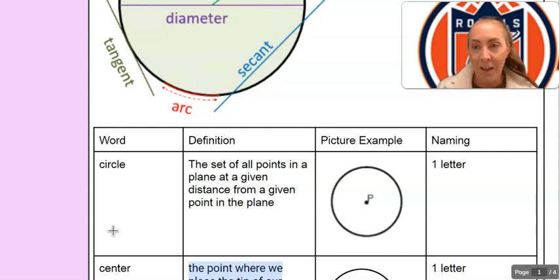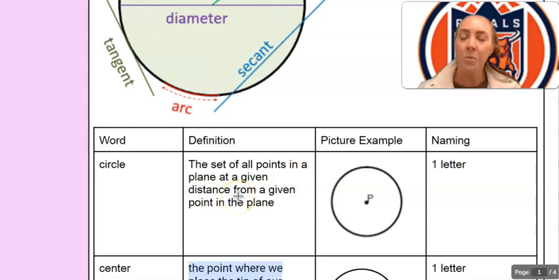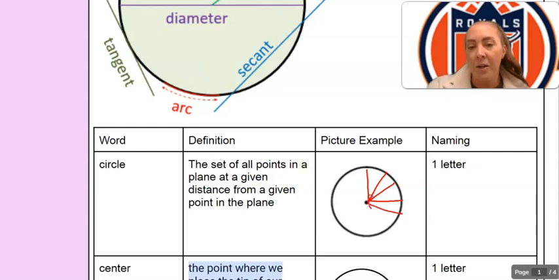So to start off with, we're talking about circles. By definition, you won't have to write out the definitions, just so you know, but it is the set of all points in a plane a given distance from a point. So if we have point P, and I drew all of the points that were, let's say, 5 centimeters away, we would have infinitely many of these.